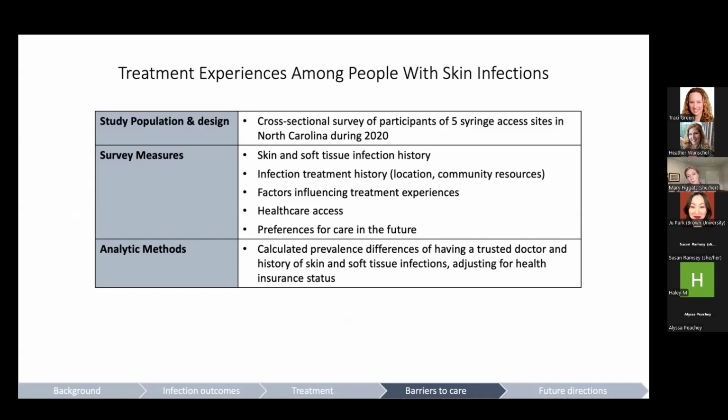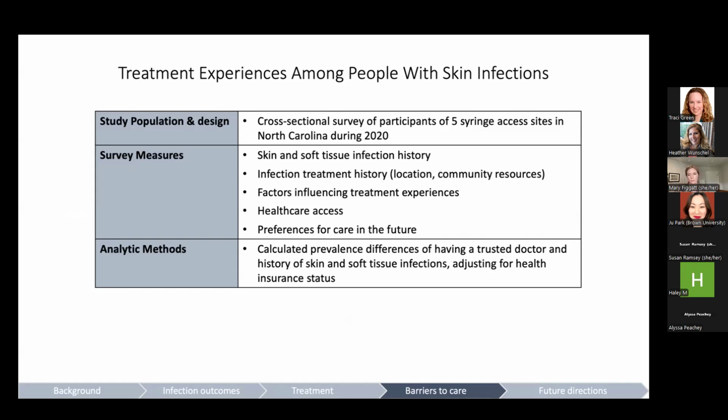We asked people, for these infections, where they got care, not just thinking about a doctor's office or the hospital, but also asking around within their networks. So what other sorts of alternate care approaches were they using? And then we also asked about what factors had influenced some of their treatment experiences and the ways that they were navigating the system.